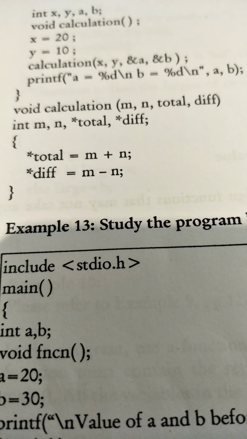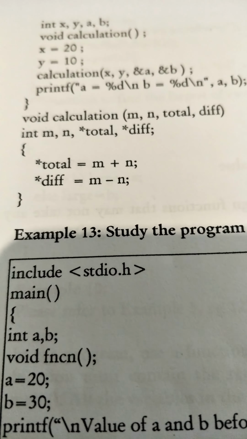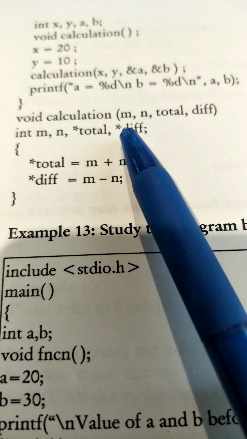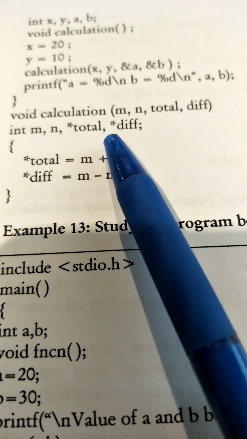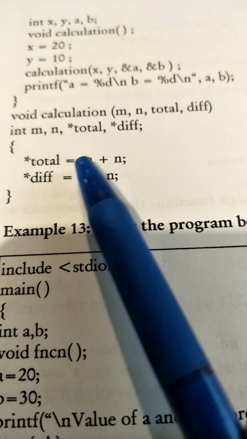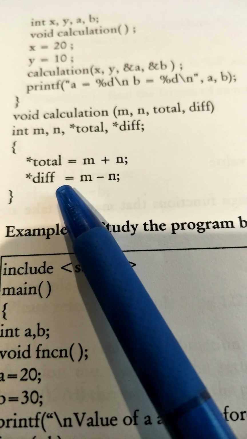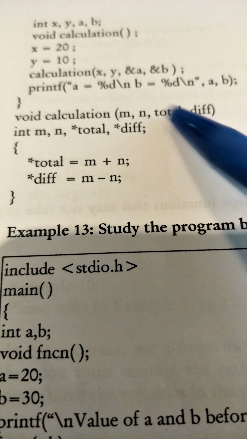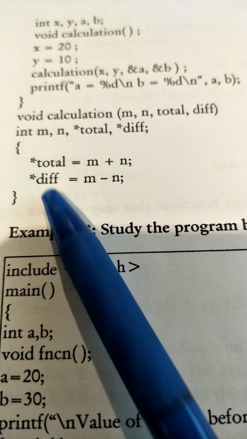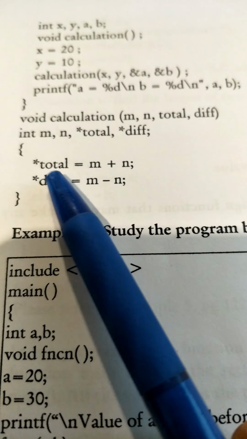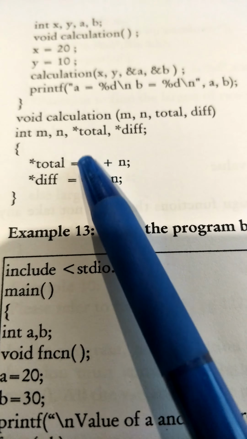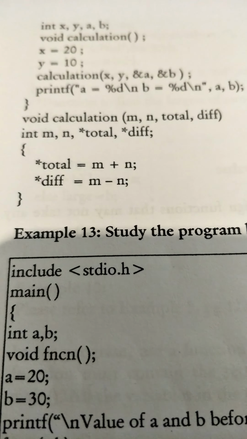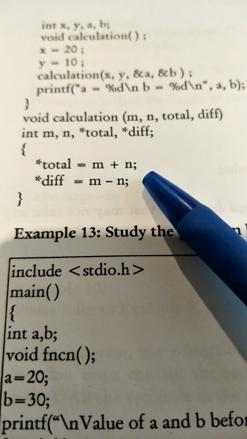I use the word pointer here just to show that total with pointer star means that we need to return this value into the main program, where the value that we obtain in the function, we do not assign, like reading a number or giving an initial value, but in this case we do a process.